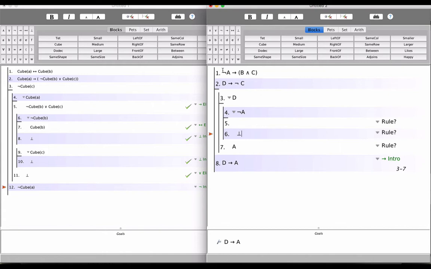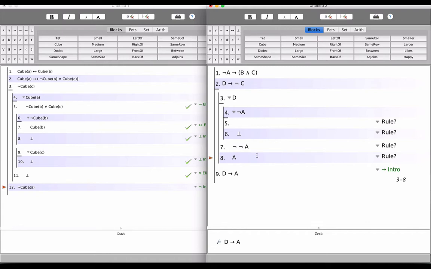But let's not. Why? Let's just make sure that we're explicit, we're very clear about what we've just done. Specifically, once we generate the contradiction that tells us that line 4 can't be the case, technically, we introduce a second negation, which we then eliminate.